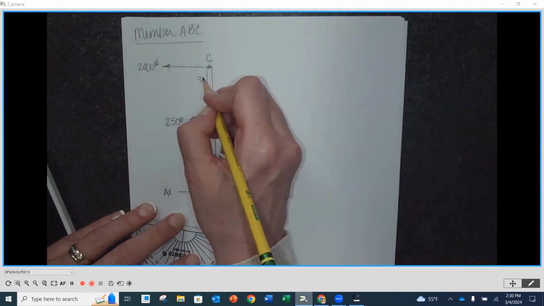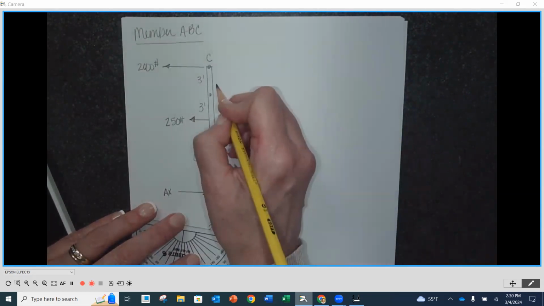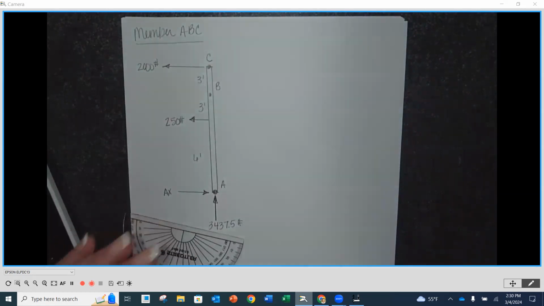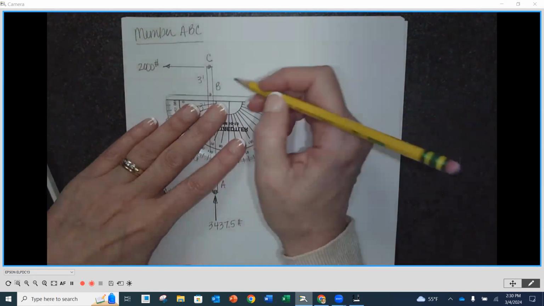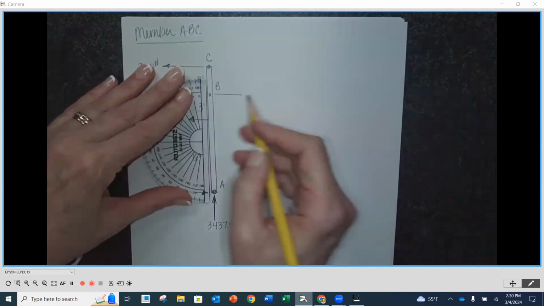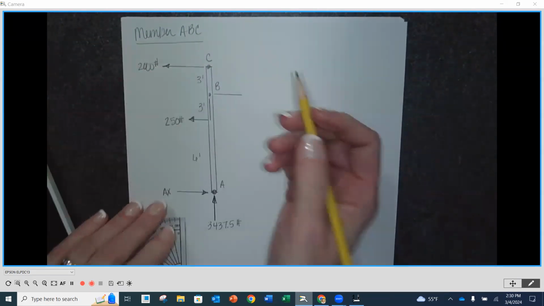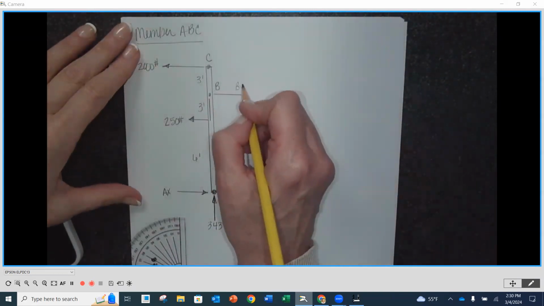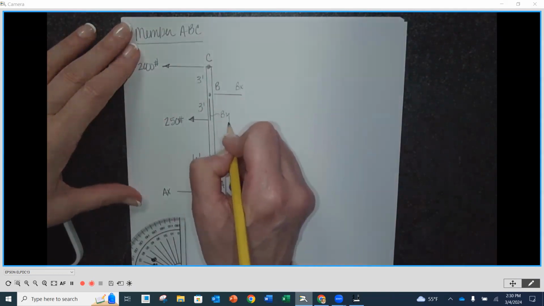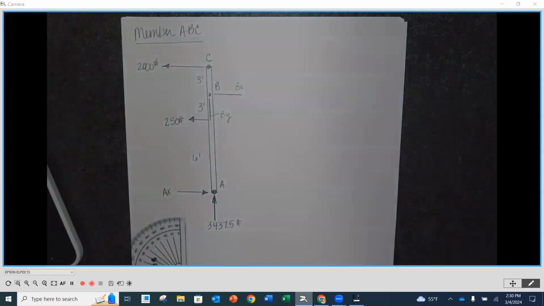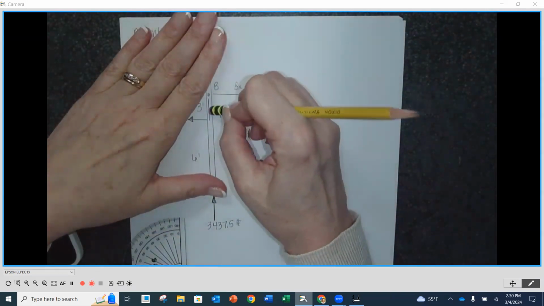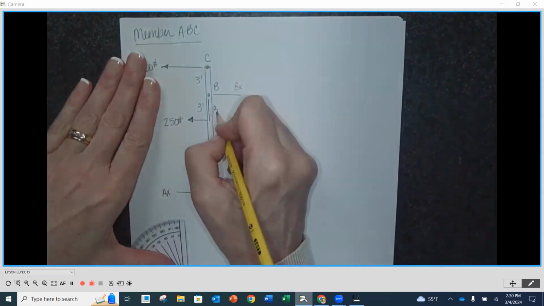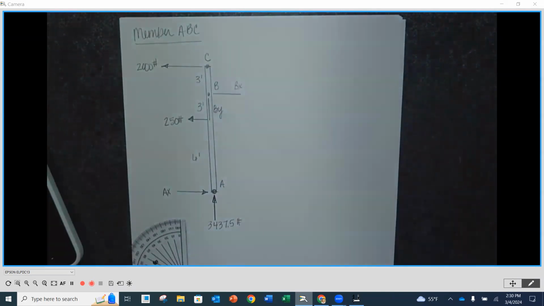So 3 feet here, 3 feet here, and this is point B. Internal pin. Because it's a pin, just like a pin support, I'm going to have an X and a Y. I'm going to have a BX and a BY. So I like that. All right, now arrows on BX and BY.